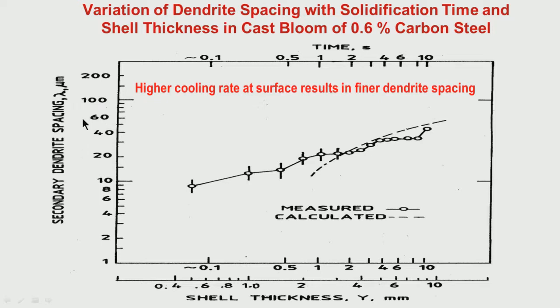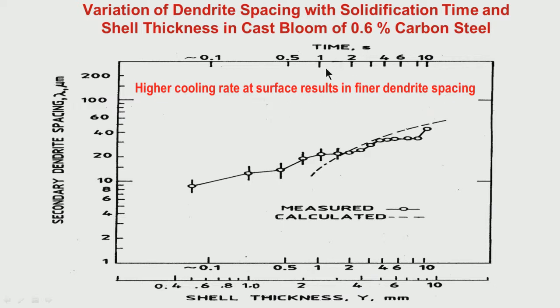The finer this spacing, the lesser this spacing, the finer is the cast structure. So, what does this depend on? Basically it depends on the cooling rate at the surface. That means the cooling rate of the heat transfer, the rate at which solidification is taking place. So, you can see, the higher the cooling rate, the finer will be the dendrite spacing.